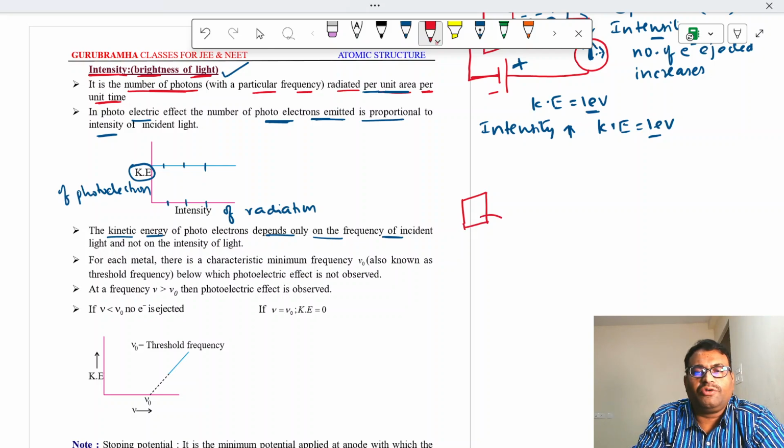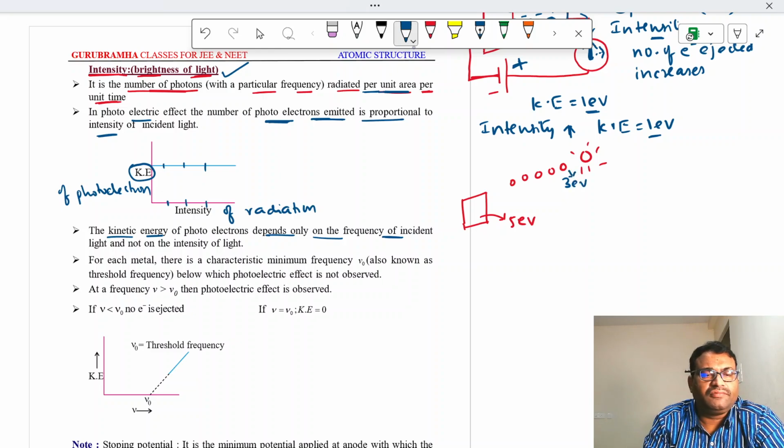For the electron to come out, 5 electron volt is required. Sun rays, photons, are falling from here. Each photon has some amount of energy, 3 electron volt, for example.